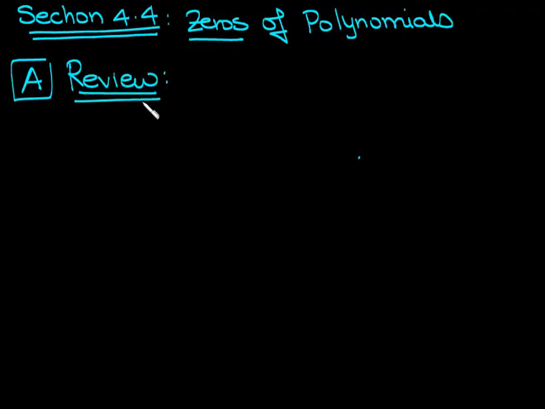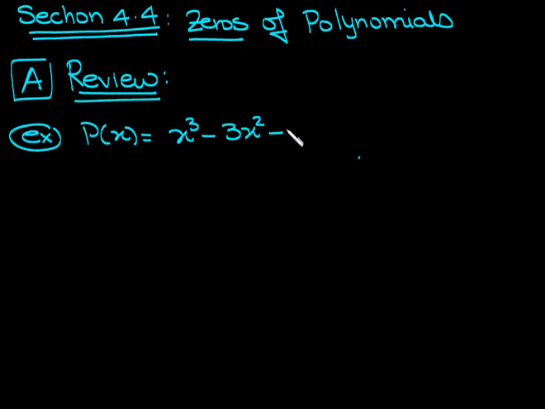Okay. So let's start with this. Let's say I'm given a polynomial function like this, x cubed minus 3x squared minus 2x plus 6, and what we want to do is find the zeros.